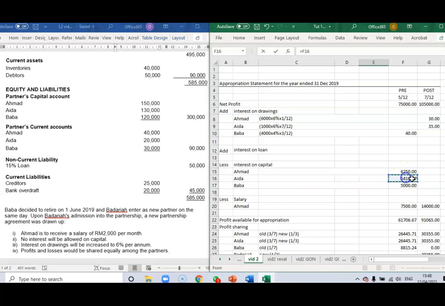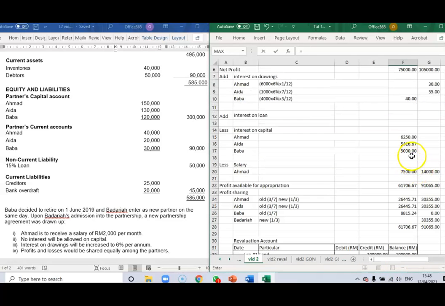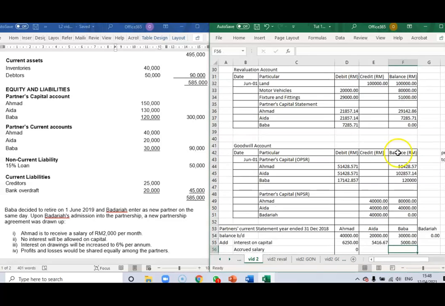Interest capital of Aida. Interest capital for Baba. Okay, Badaria do not have, because the interest is only on the beginning of capital, and new agreement, there is no interest on capital. Okay, so accrued salary is 0, 0, and 0.